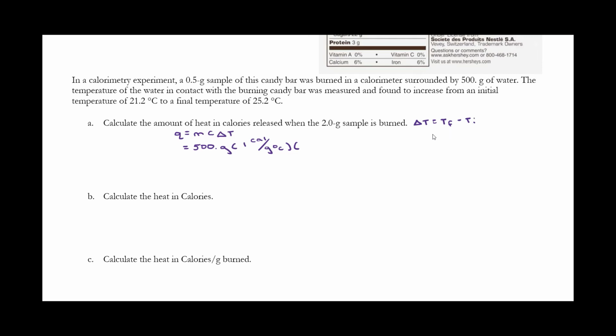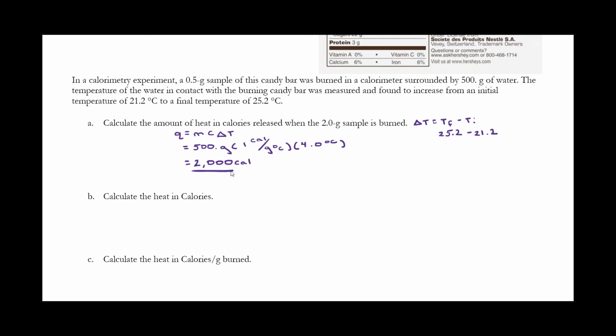Okay, so my final temperature here is 25.2 degrees Celsius. My initial is 21.2. So my change in temperature is 4 degrees Celsius. Okay, so 500 times 1 times 4 is 2,000 calories.